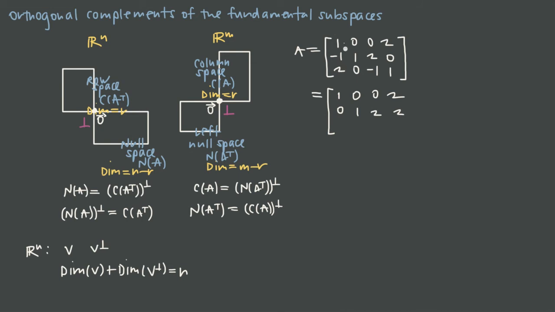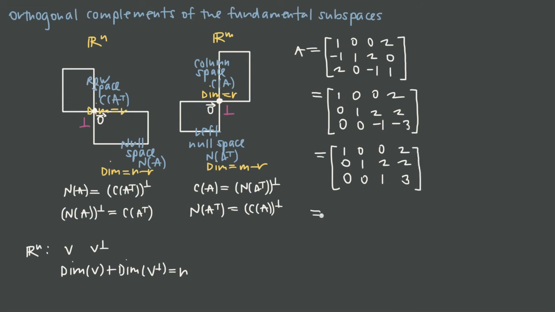So we'll get 2 minus 2 times 1 is 0, 0 minus 2 times 0 is 0, -1 minus 2 times 0 is a -1, and 1 minus 2 times 2 is 1 minus 4, or -3. Then we'll just multiply through the third row by a -1, so we'll leave the first 2 rows the same. And then in the third row, we'll get 0, 0, +1, and +3 when we multiply through by -1.